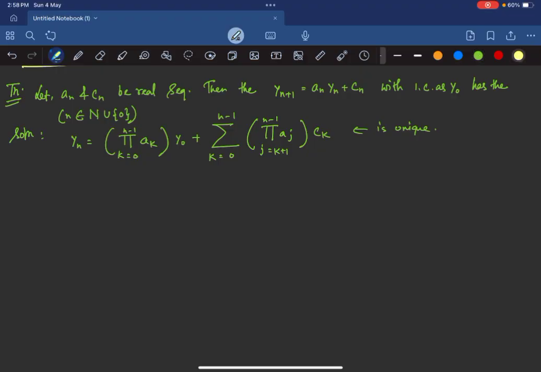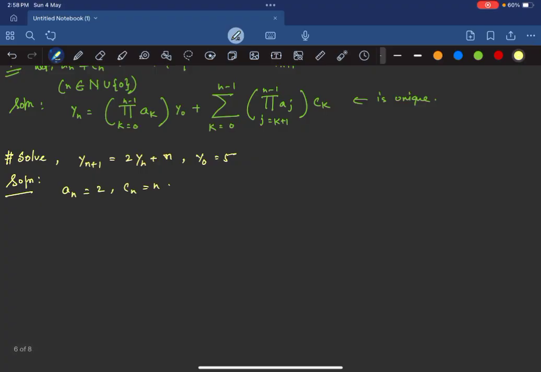Now we can take one question, that is, solve y(n+1) equals 2yn plus n with y0 equals 5. See the solution. Here an is 2, and cn is n. Okay, and y0 is 5.